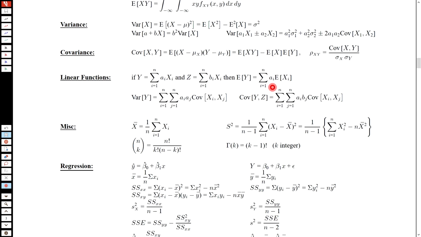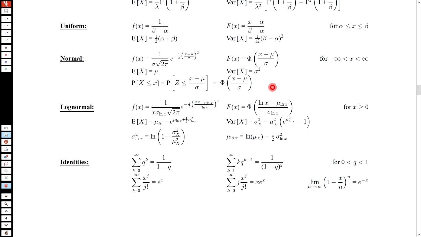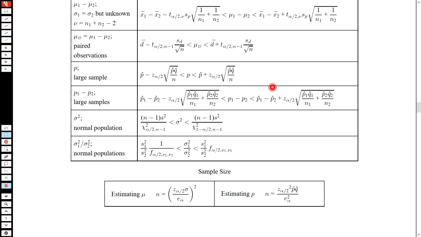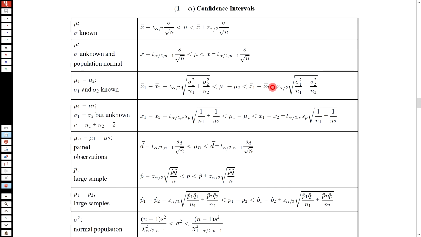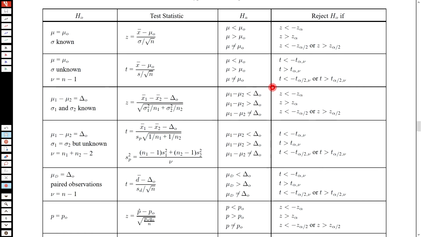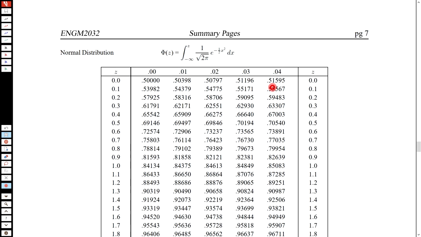Our sequence of formula on the first page, common distributions, second page. Then we get into some stuff that we're going to see in a couple of weeks. This is statistical stuff. This one is about confidence intervals. And then this one here is about hypothesis testing. And then we start in on the normal distribution.